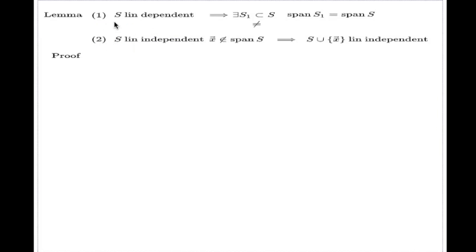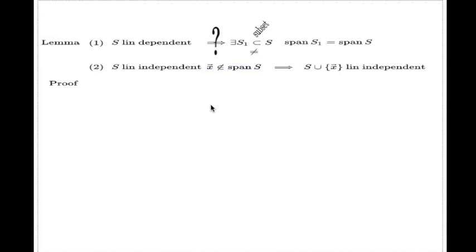It says this. Imagine we have a set of vectors which is linearly dependent. I'll recall the definition again in the course of the proof. We have to show that in this set, if it is linearly dependent, I can always find a smaller subset. This symbol reads subset, and I put this extra not equal, which means that it's a proper subset, so it's not equal to the set itself.